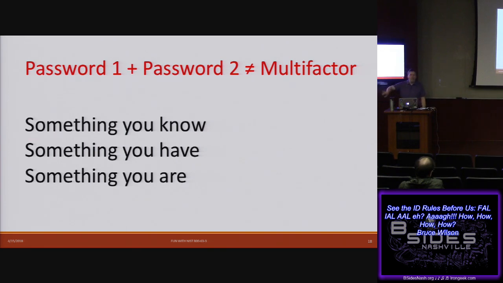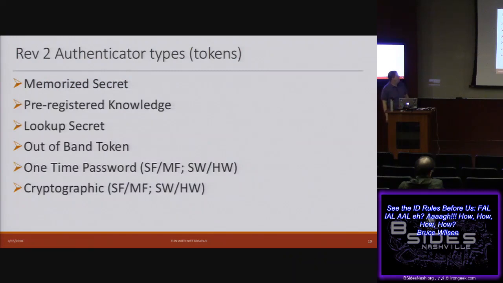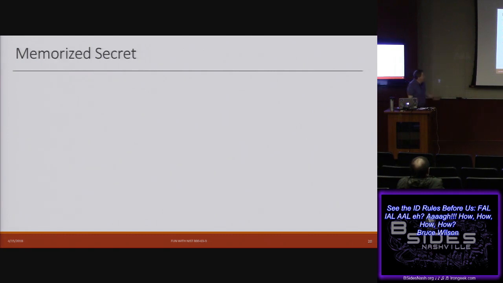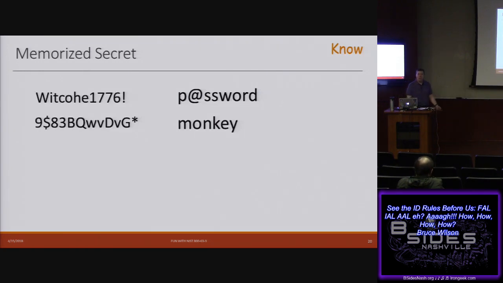But what kinds of authenticators are permitted in 800-63? They define these types, and I'm going to walk through them. So the first type that they define is a memorized secret. Well, this is what we think of commonly. Something you know, it's a password, whether it's a fairly simple password, or a much more complicated password, or even potentially the PIN that gets used with something else.